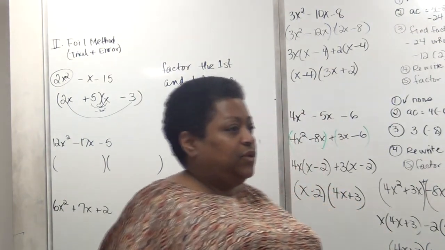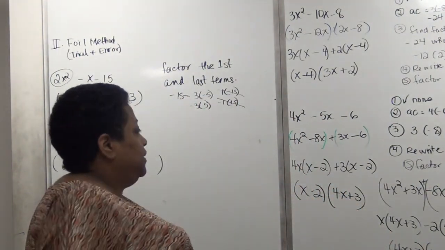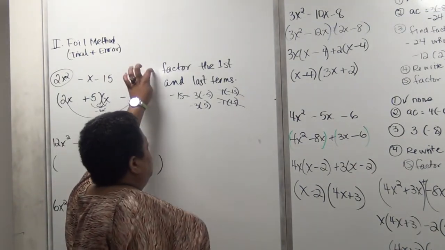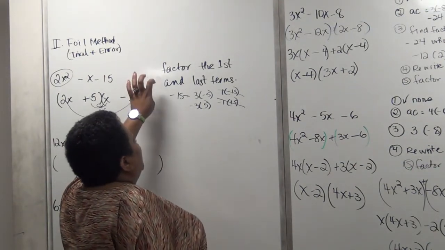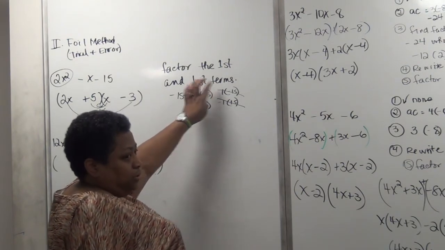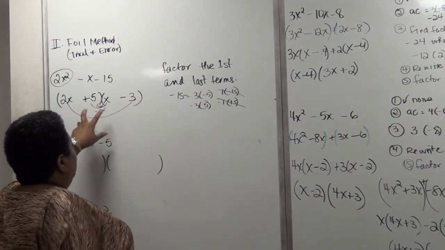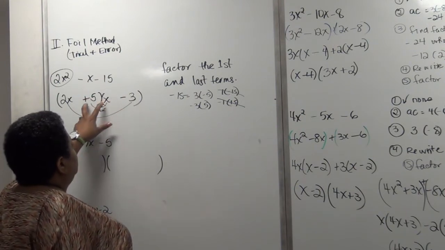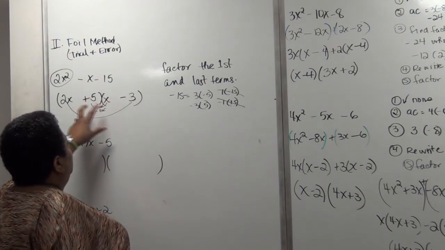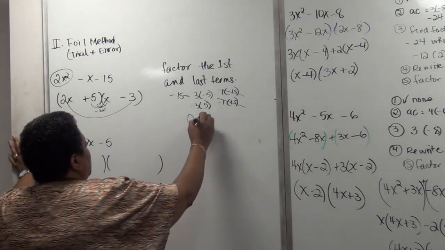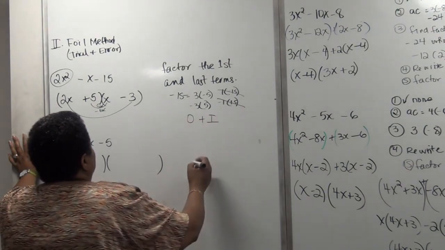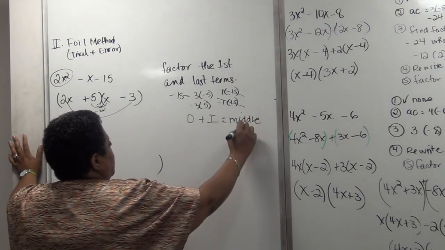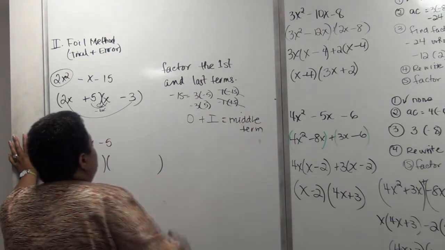All right. What you're doing with the FOIL method is factoring the first and the last term. That's what we're doing. And placing these numbers here, the last terms, so that when you do O plus I equals the middle term.